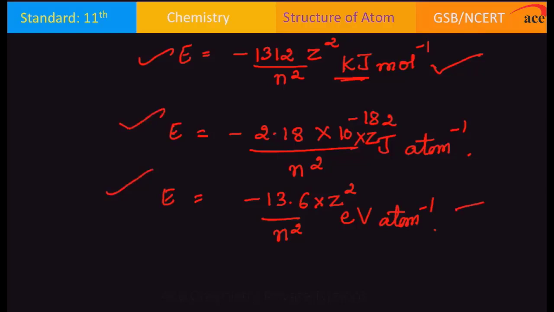We majority of the time use this. But to confuse you all, if they give unit in joule per atom or kilojoule per mole, you need to learn this value by heart. Write it 3 times and practice it. Is this part okay?